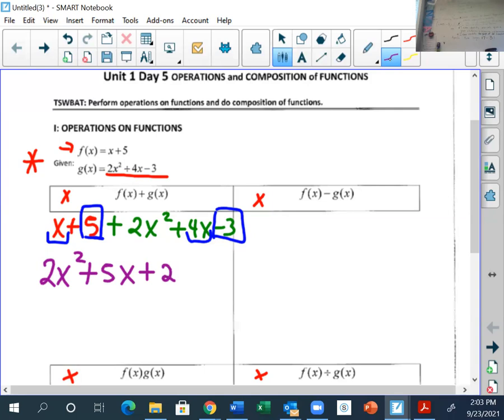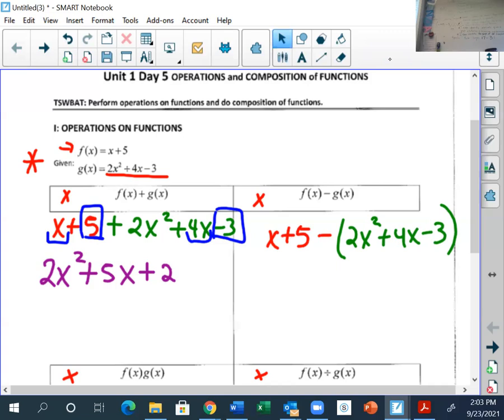When we are subtracting, this is something you really have to be careful about. I'm subtracting f of x, which is x plus 5, minus g of x, the whole thing, which is 2x squared plus 4x minus 3. One thing I will tell you, you've got to distribute the negative. So this is the same as x plus 5, since f of x doesn't change.